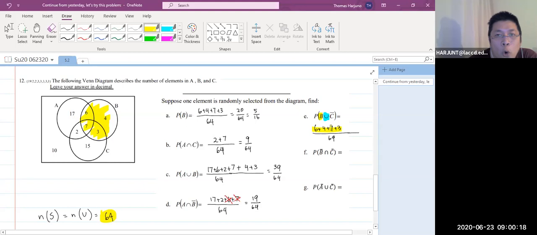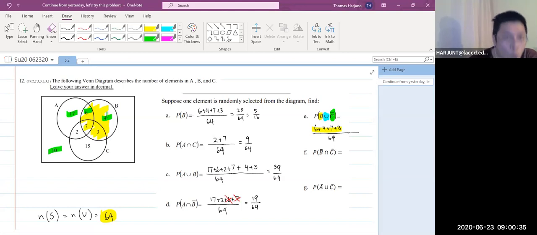Now, this is an OR, which means once it is in B, you count it in. Now, how about the C part? Not C refers to this guy, this guy, this guy, this guy. That's not in C. Right? Now, because it is an OR, as long as it is yellow or green, I count it in. It's an OR.